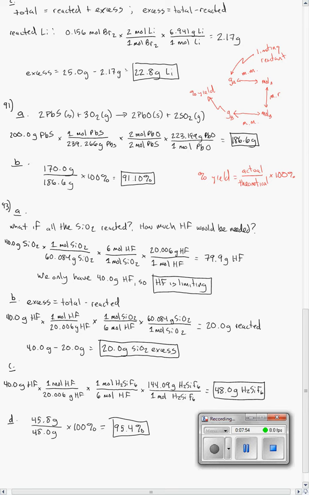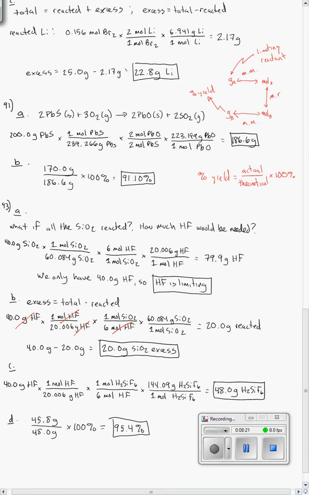3 steps. We're going to go around that whole diagram again. So we start off, we use the molar mass of HF to cancel out our grams of HF and get moles of HF. From there, our balanced chemical equation tells us that 6 moles of HF will react with 1 mole of SiO2. So there's our mole ratio there. We want to cancel out moles of HF, so we want 6 moles of HF in the denominator.